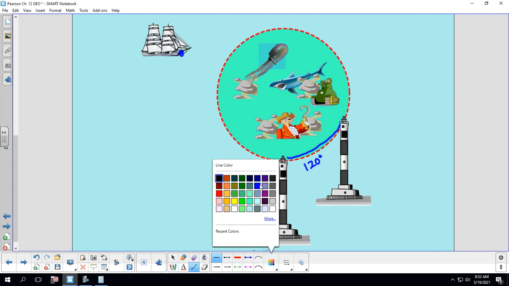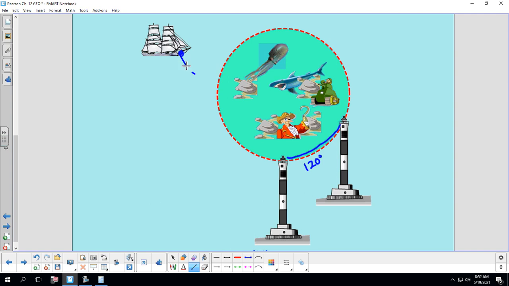So you can see it goes from here to the lighthouse, from here to the lighthouse. He measured that this angle is 55 degrees. Is the ship safe? What angle must the ship be at in order to still be safe?